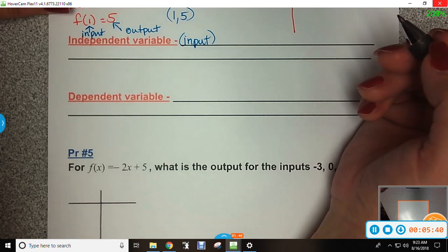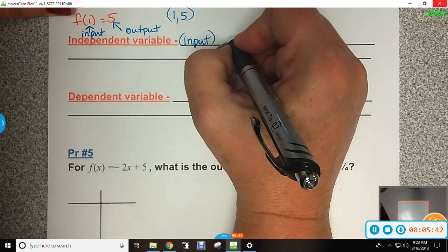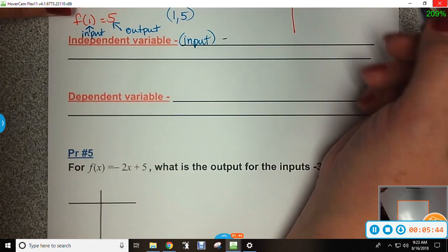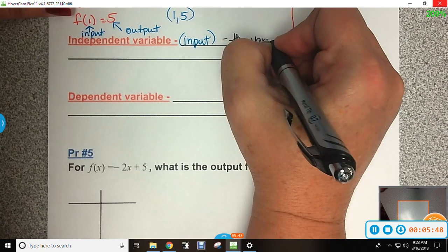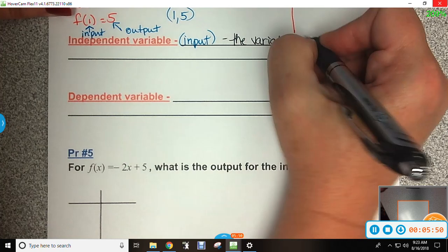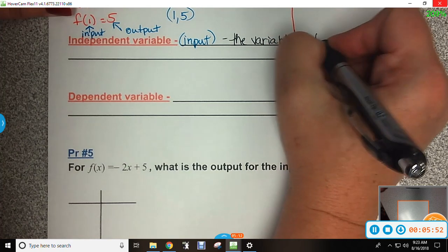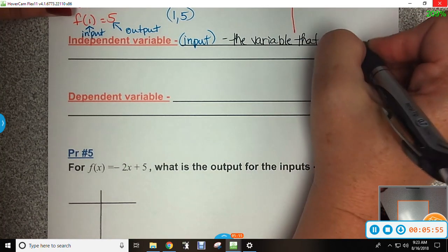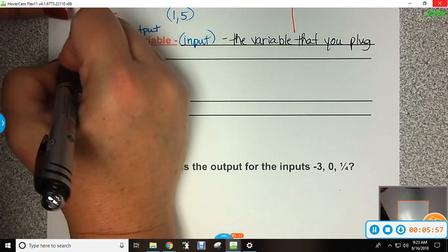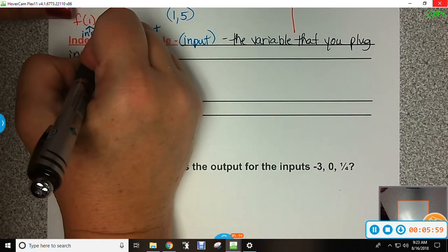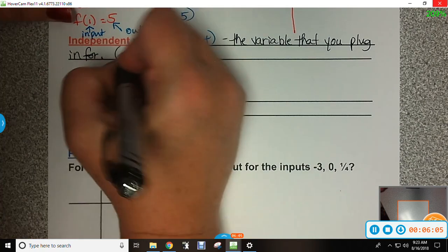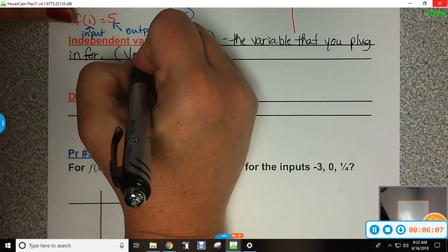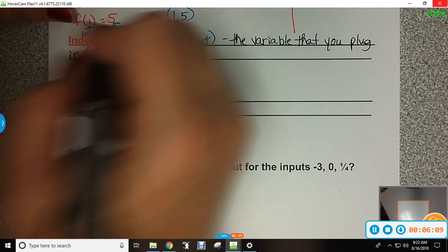But your independent variable is the variable that you plug in for. And for the independent variable, you will be given a value, or you can pick your own.